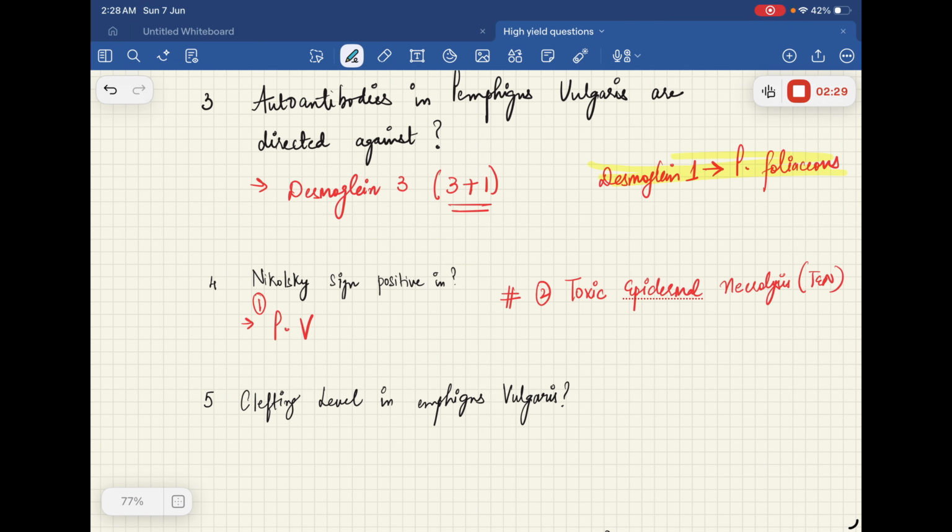And third, in staphylococcal scalded skin syndrome. So remember this: Nikolsky sign is positive in pemphigus vulgaris, toxic epidermal necrolysis, and staphylococcal scalded skin syndrome.